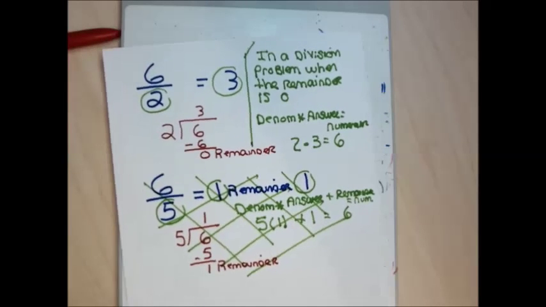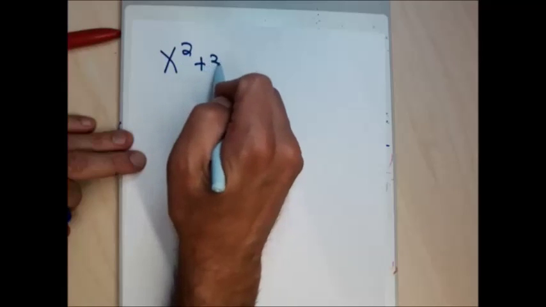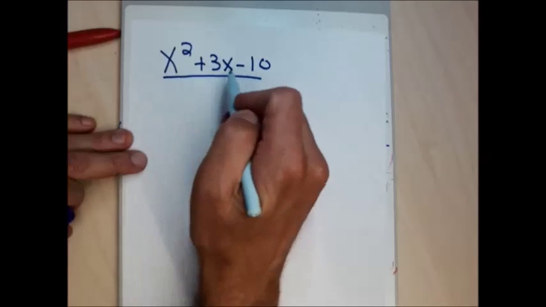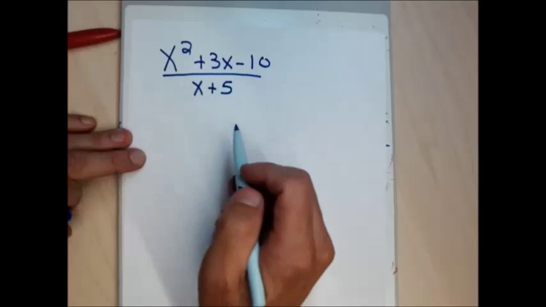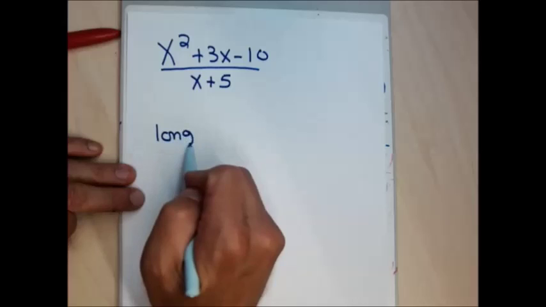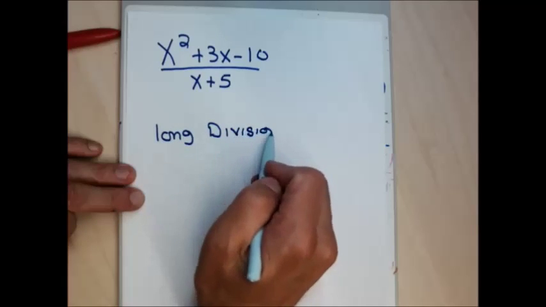Let me refresh your memory on what long division is, and you're absolutely not required to do this, but let me do this problem, x squared plus 3x minus 10 over x plus 5 using long division. We're not responsible for long division, but if I wanted to do this problem using long division, I can, but it's disastrous.